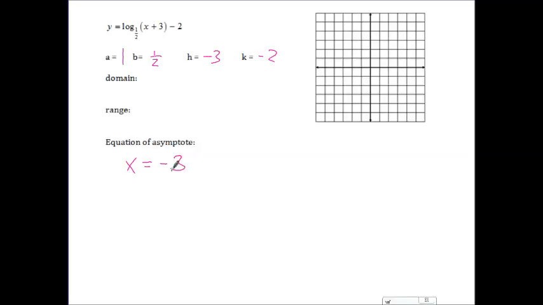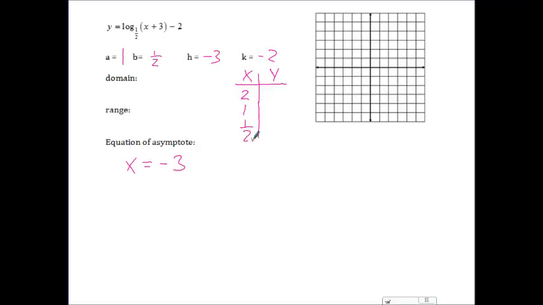And now let's get our values before translation. X is 1 over b if our base is 1/2. 1 divided by 1/2, make it the reciprocal, we get 2. And the next value is 1. And then b itself is 1/2.